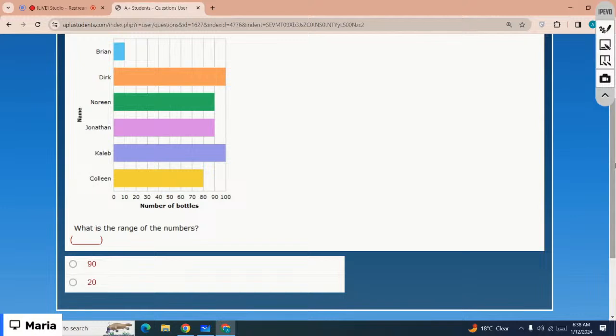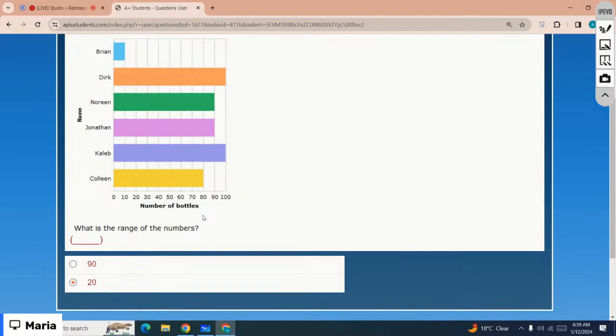The correct option is 20. The range of the numbers is 90.